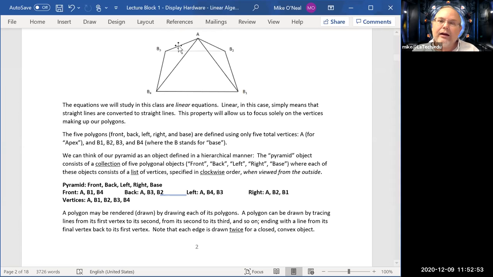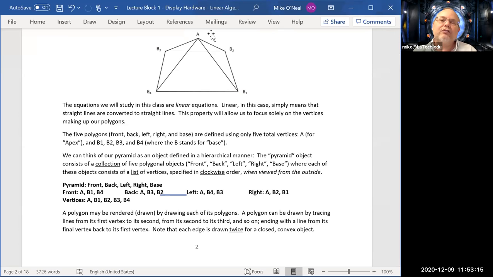Well, yeah, it looks counterclockwise here, but remember, we're looking at the back of that polygon. So in your mind, you have to move, and you get better at this with time, but in your mind, you have to move yourself to the other side of this polygon where you're looking at it from the front.